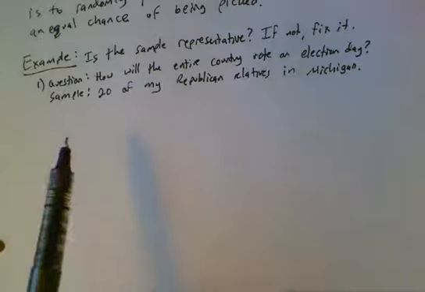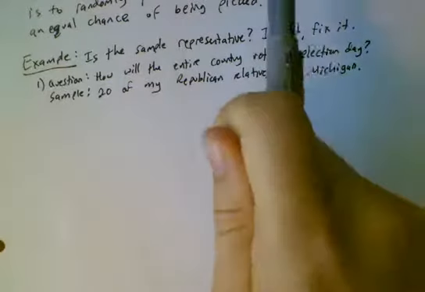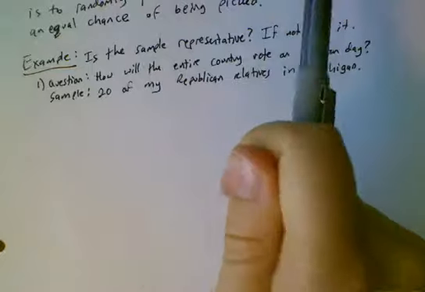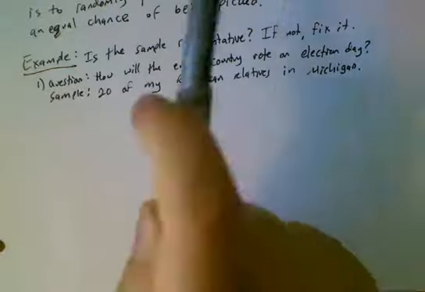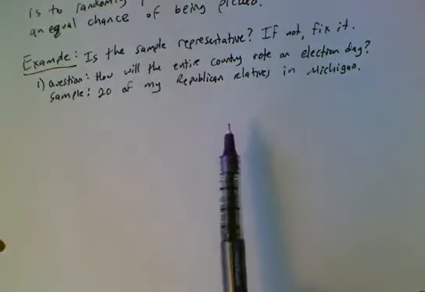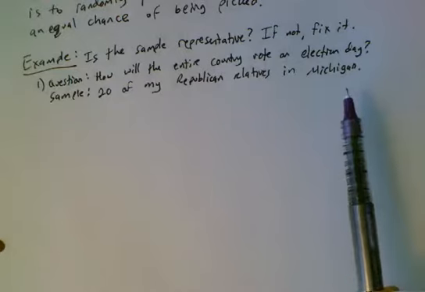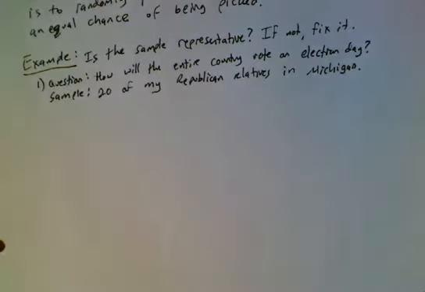To be a representative sample, it needs to have the same characteristics and the same proportion of the population it's drawing from, and it should not overrepresent or underrepresent part of the population. Now, if I'm only asking Republicans how they're going to vote, then I'm overrepresenting Republicans, because not the entire country is composed of Republicans. And if I'm only asking people in Michigan, well, then I'm overrepresenting people from Michigan and I'm underrepresenting everybody else.